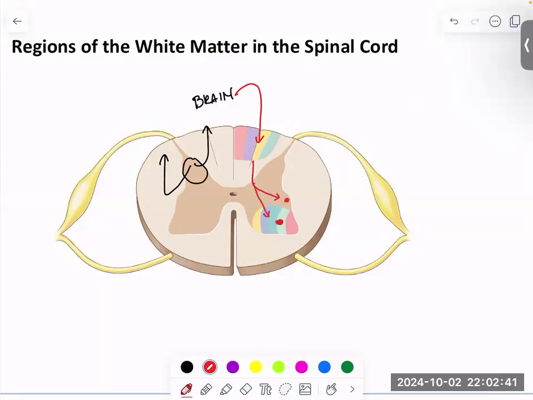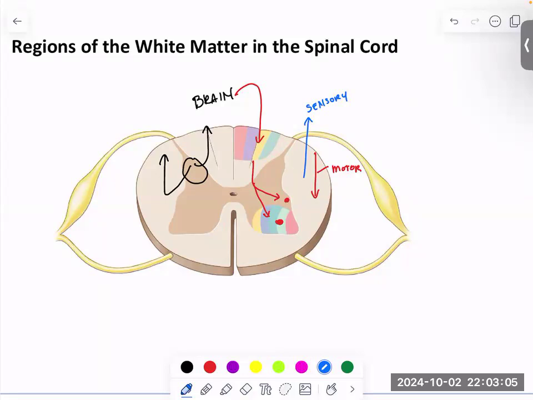So the white matter is a two-lane highway. Information can go down, motor, or up to the brain, sensory. That's what the white matter is doing. It's just moving the information up and down the brain.